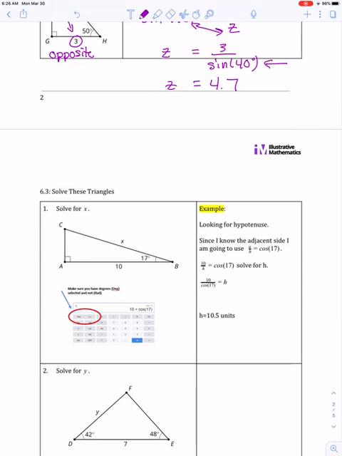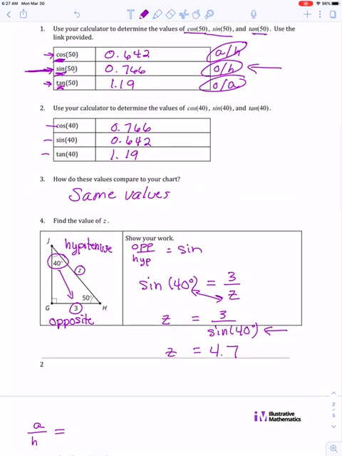Okay, so I did number 1 for you all on this one to help you all out over here. So we're looking for the hypotenuse. Since I know the adjacent side is 10 here, and we're looking for the hypotenuse, so I want the adjacent over hypotenuse, which, remember, if you go up here, adjacent over hypotenuse is going to be cosine.